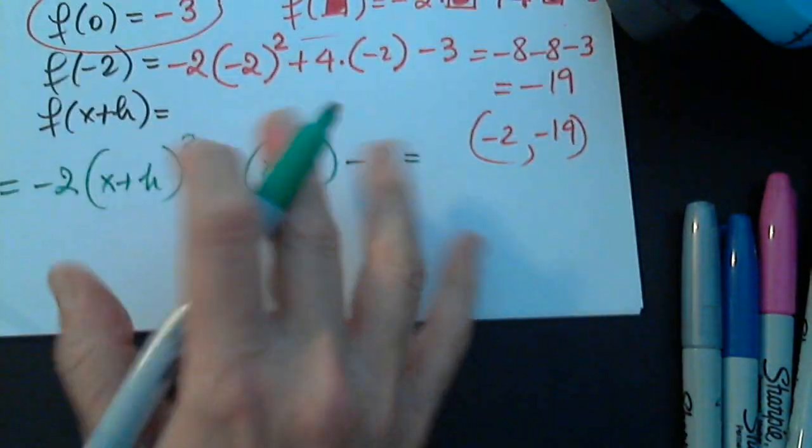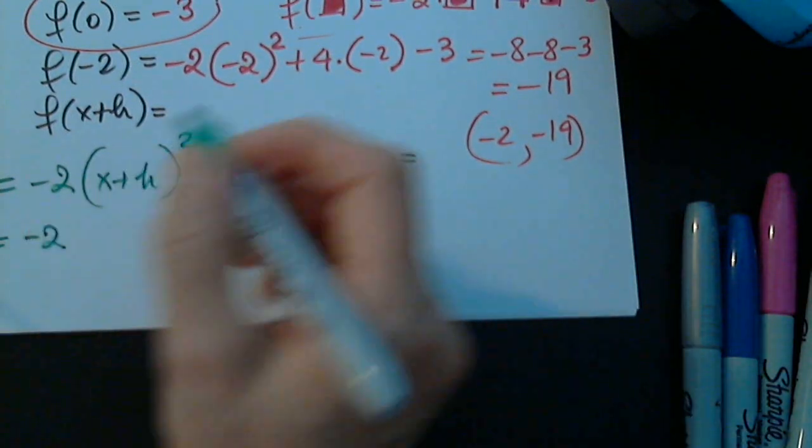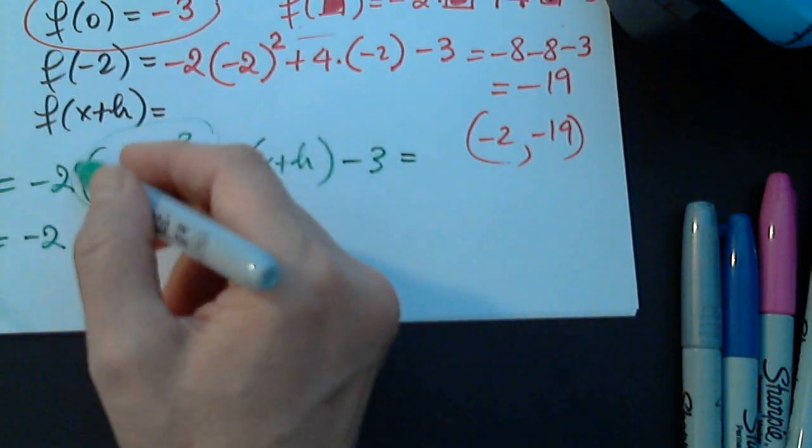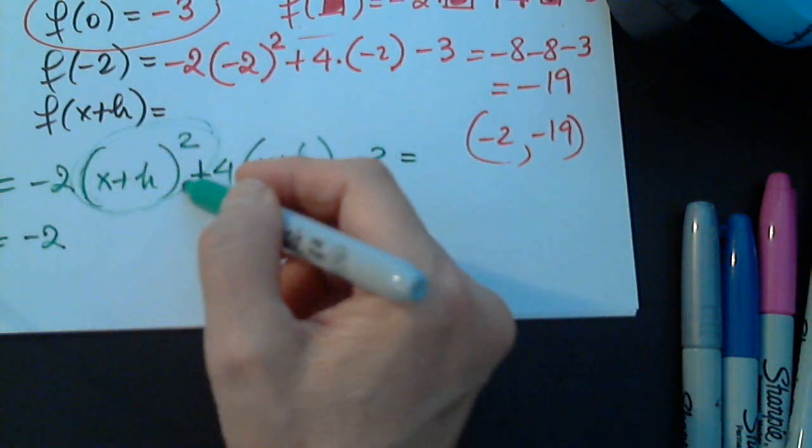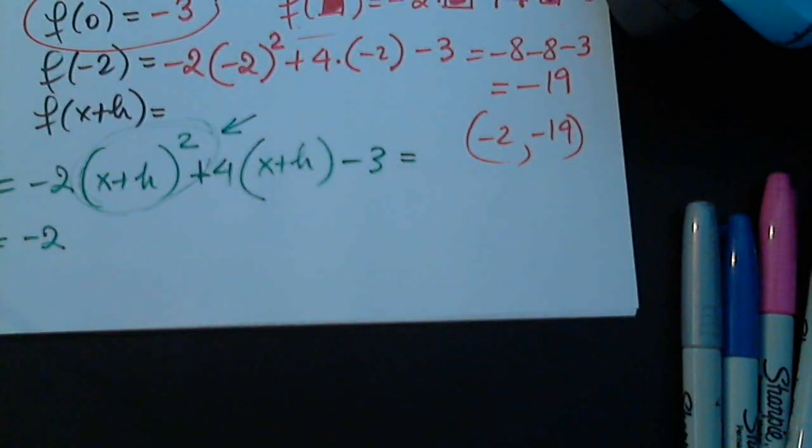Now, I have -2. I have to square this binomial. Anyone remembers how to square x plus h and how many terms we get? How do we square x plus h and how many terms do we get?